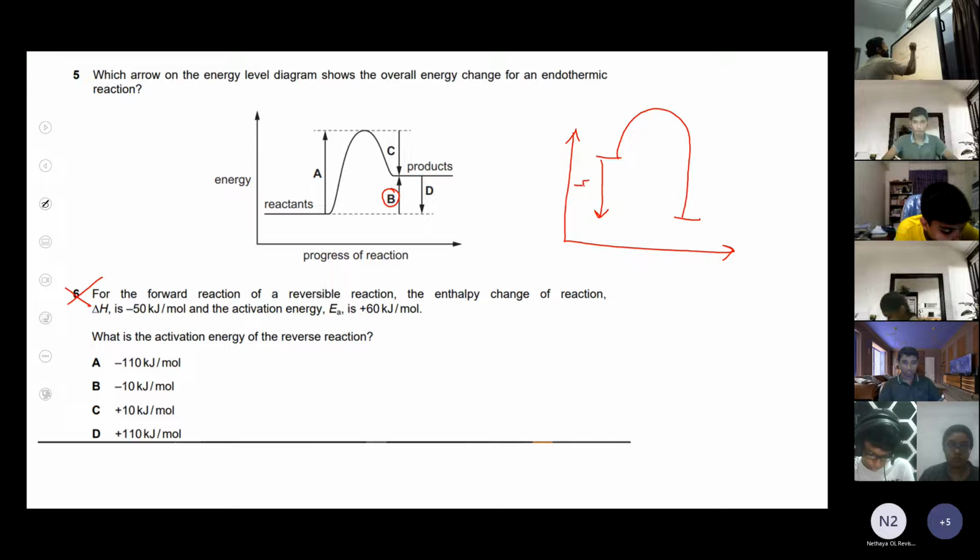Minus 50. Reactants to products, a forward reaction, exothermic. Activation energy plus 60, right? Then they are asking the backward reaction activation energy, which means you have to come back over here. Therefore, plus 110. Plus 110.